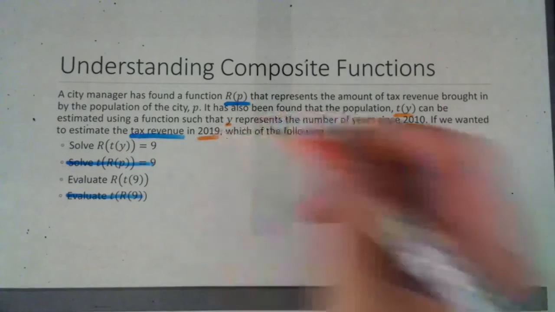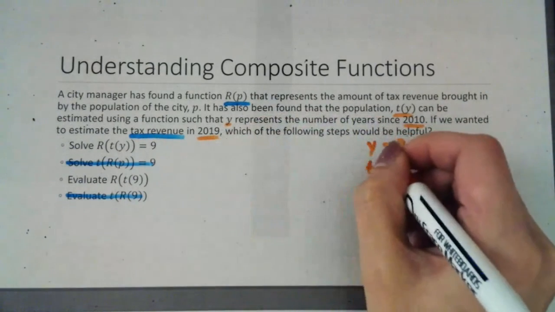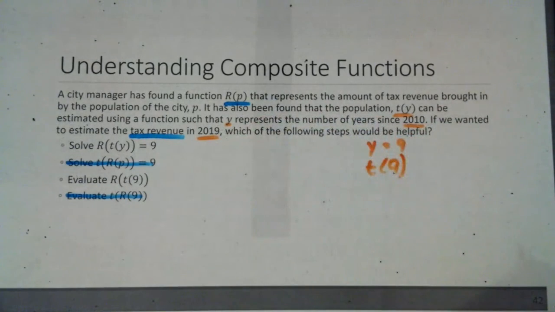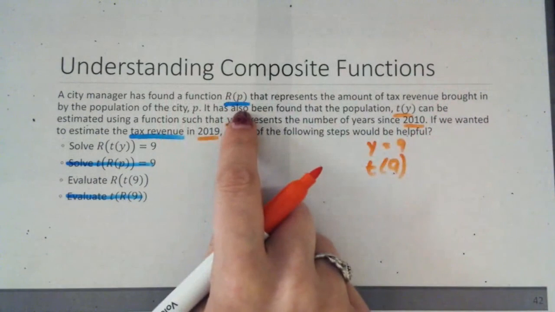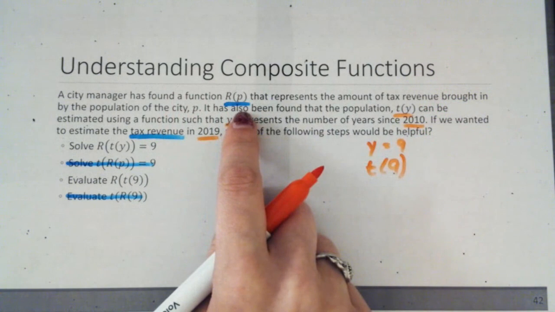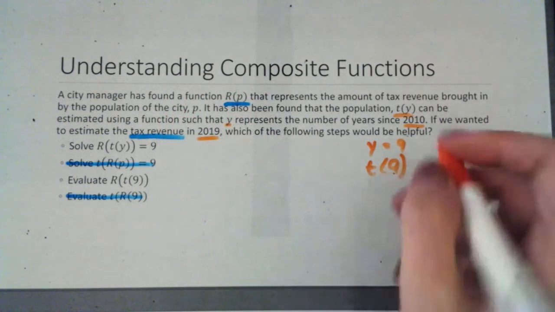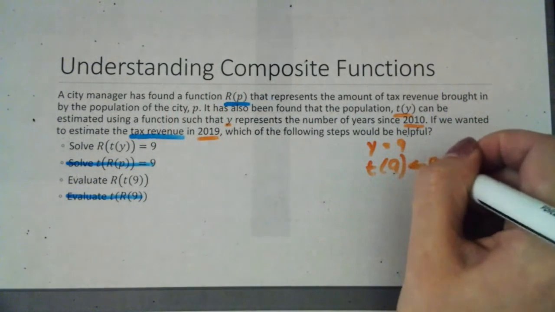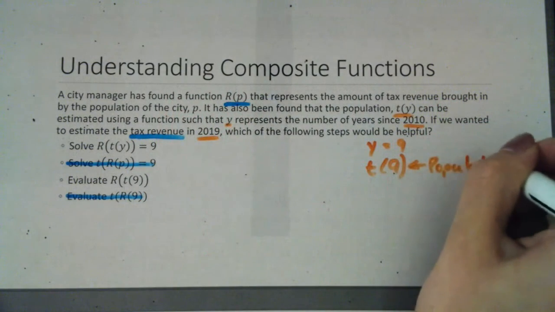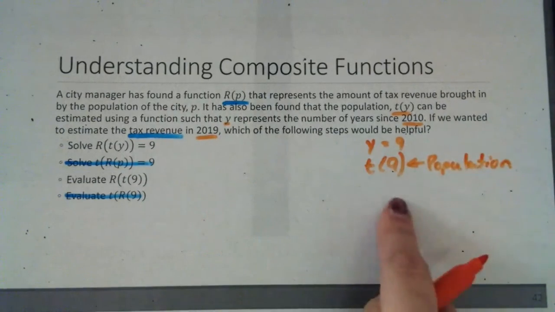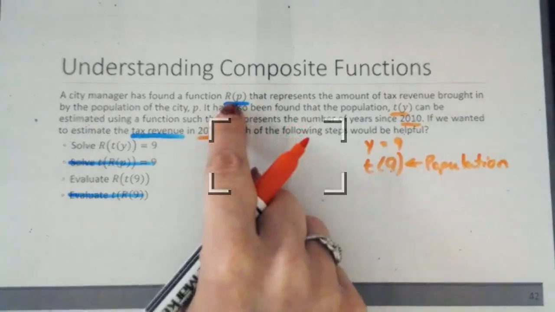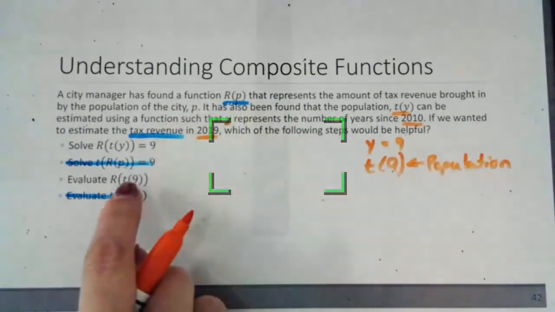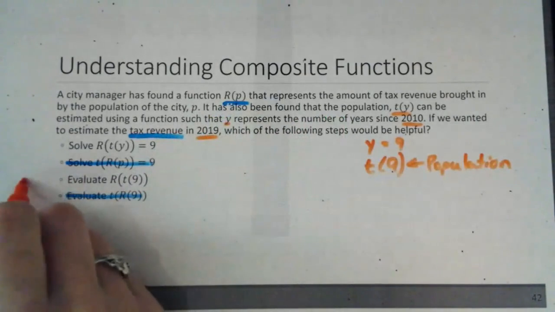So if we want to know the population in 2019, we're going to evaluate t of 9. But remember, this function r of p gives us the amount of tax revenue brought in by the population. This gives the population. So I just want to take this population and plug it into my function that gives me tax revenue. So I want to evaluate r of t of 9.